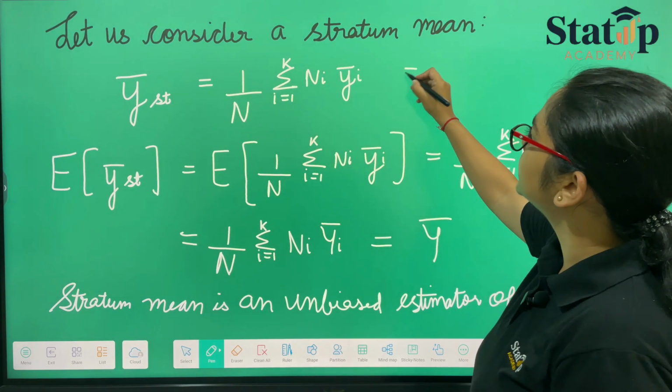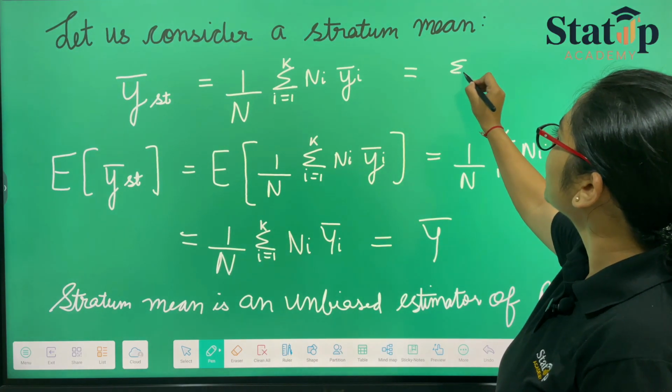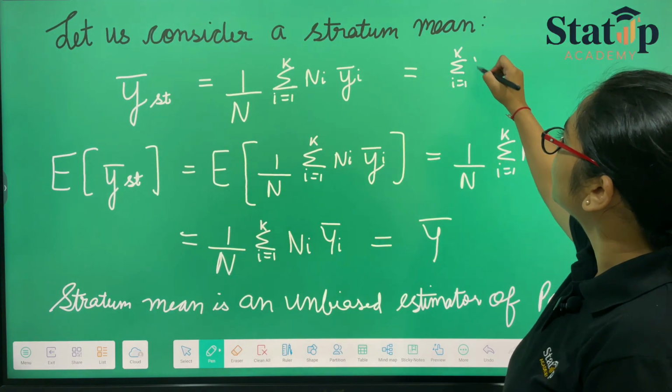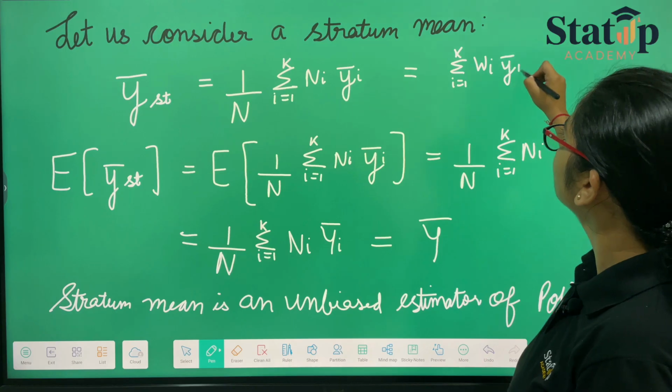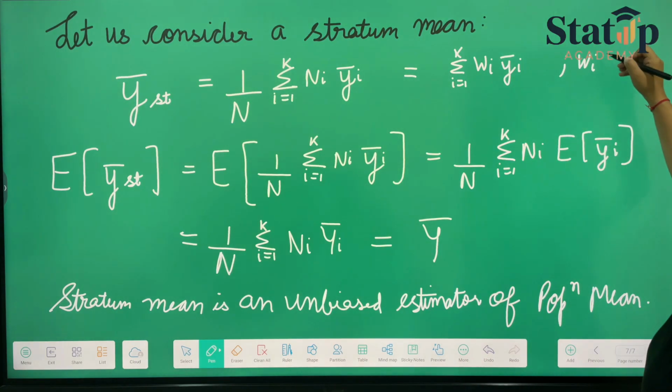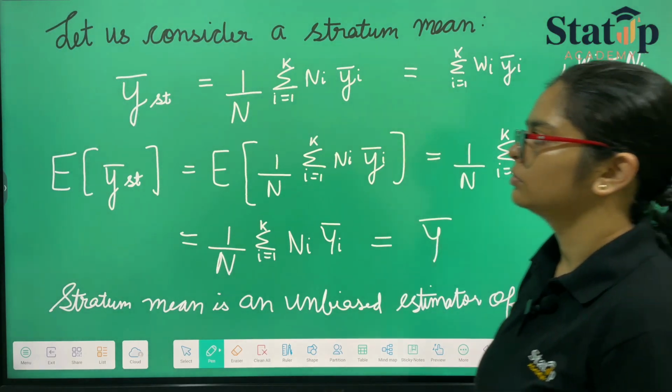And we can also write this as summation i goes from 1 to k, wi y bar i, where wi is nothing but capital Ni upon capital N, right?